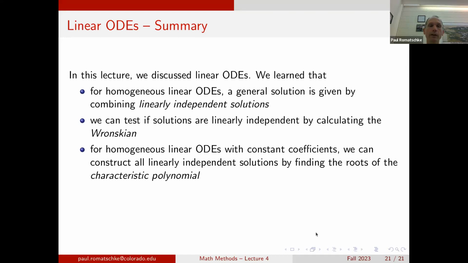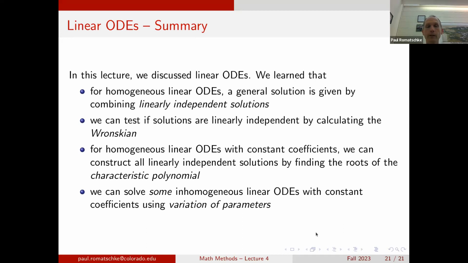We also found that for homogeneous linear ODEs with constant coefficients, we can construct an explicit solution. In fact, we can construct explicit solutions for all the independent solutions by finding the roots of the characteristic polynomial. And finally, we talked about solving some inhomogeneous linear ODEs with constant coefficients using the method of variation of parameters.